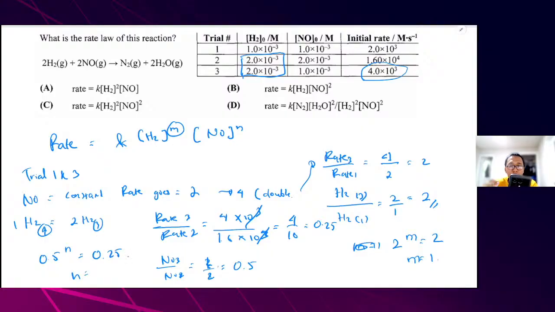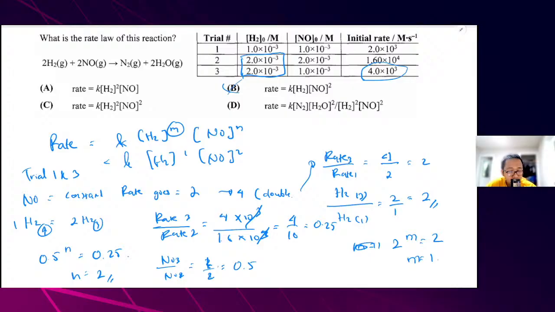N is what? 0.5 times 0.5, so 0.25, so it should be 2. So M should be 1, and then N should be 2. So K, H2 to the 1, and NO to the 2.